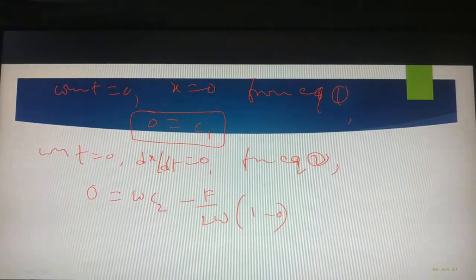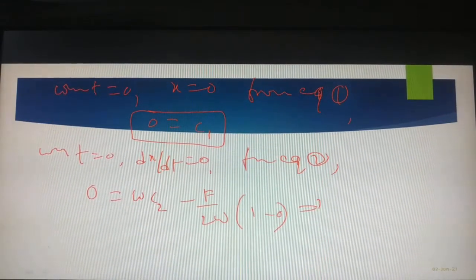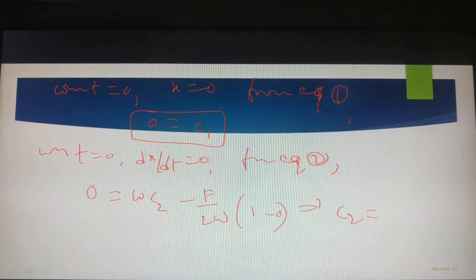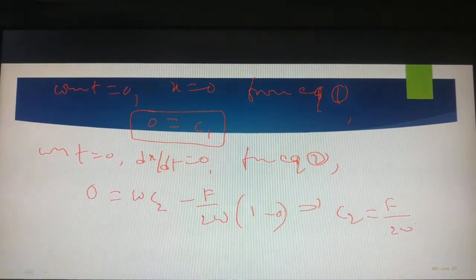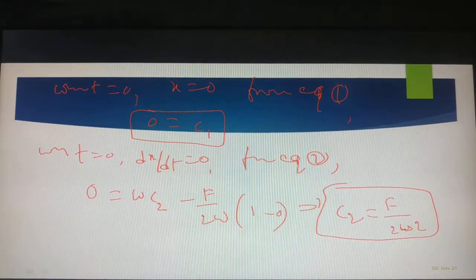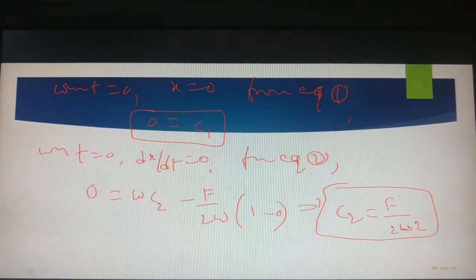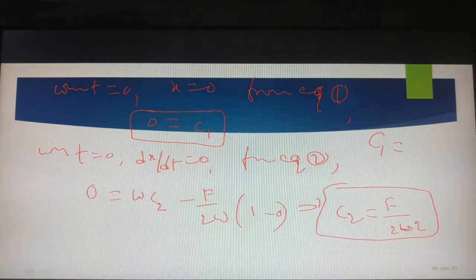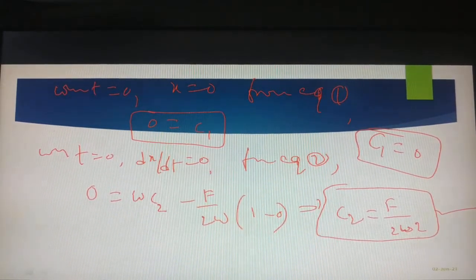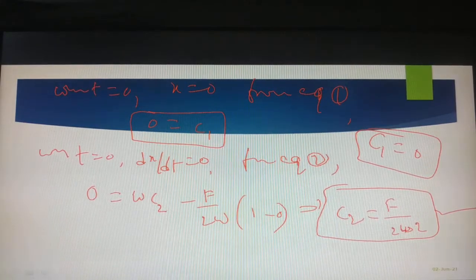So this is 1 minus 0. From this, C2 is equal to, this goes to the other side, f by 2w squared. So we got C1 and C2. Here we are not doing a very great job, simply solving for C1 and C2. C1 is 0, C2 is f by 2w squared.